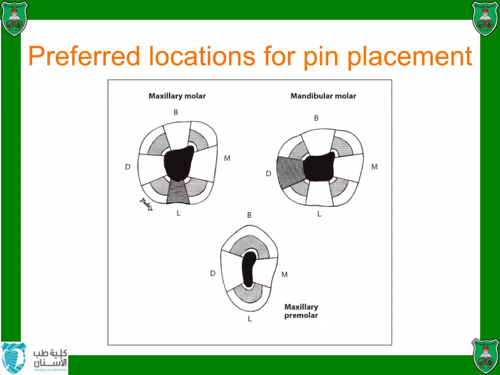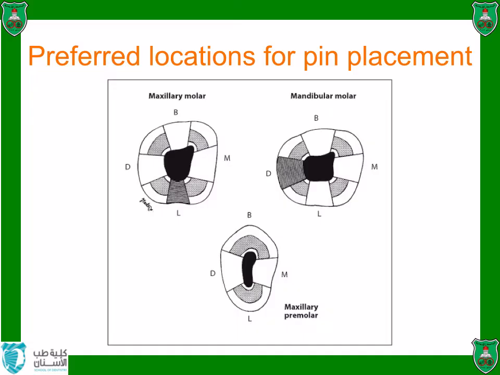Now the white area on each tooth represents either concavity, furcation, or thin dentin area. So you need to be careful about placing your pin in the white area on each side of the tooth. For example, in the maxillary molar, remember that we have three roots: palatal root, mesiobuccal and distobuccal root.